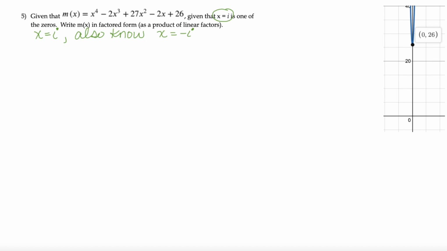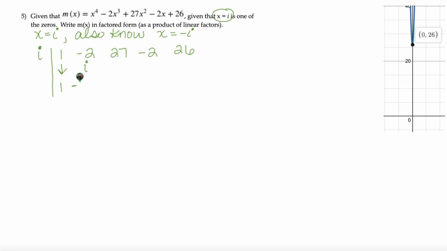So I'm first going to divide out i. I have 1, -2, 27, -2, and 26. Always bring down the first term. So 1 times i is i. Now be careful here. I can't just take -2 and add i to it and make it like -1i or whatever you might come up with.